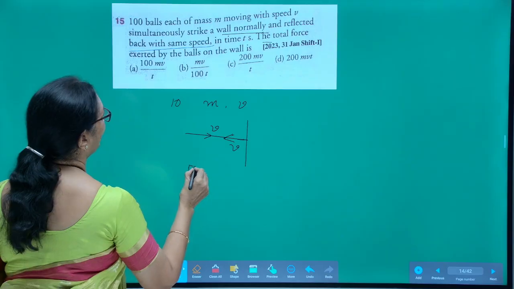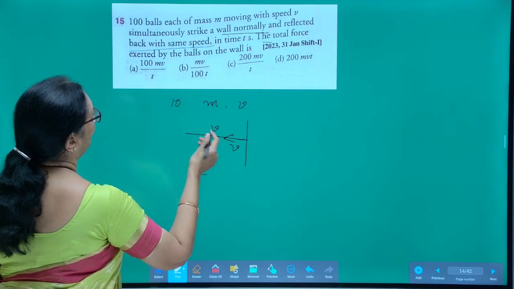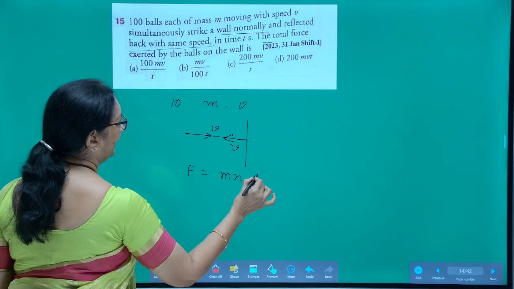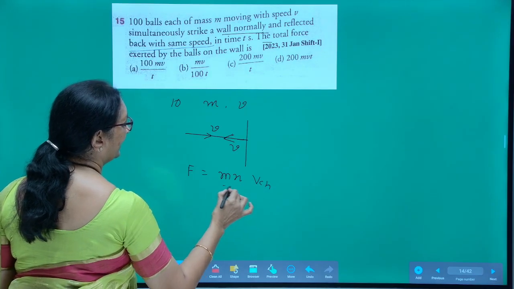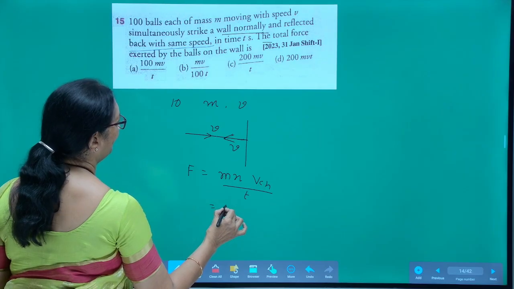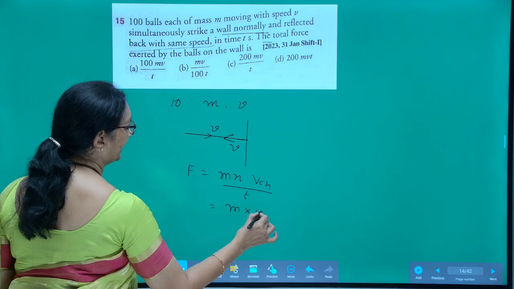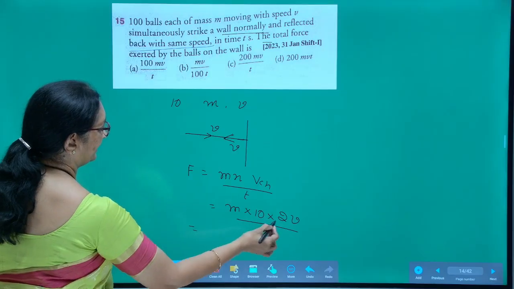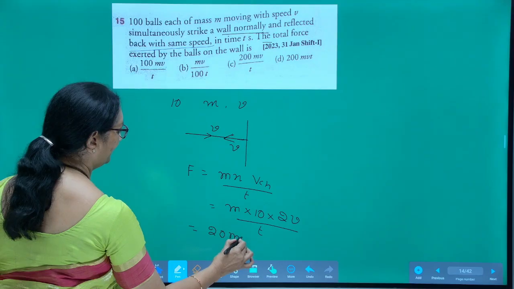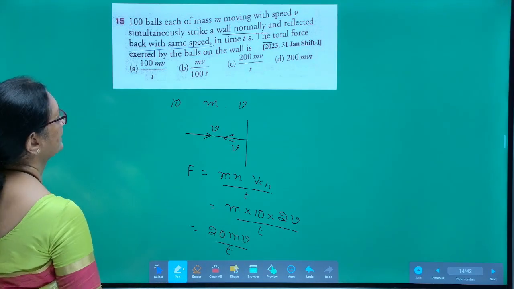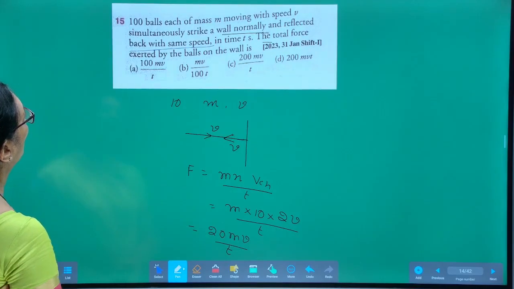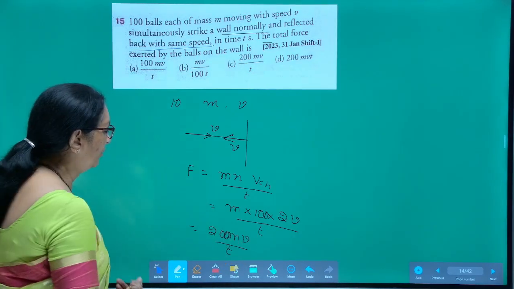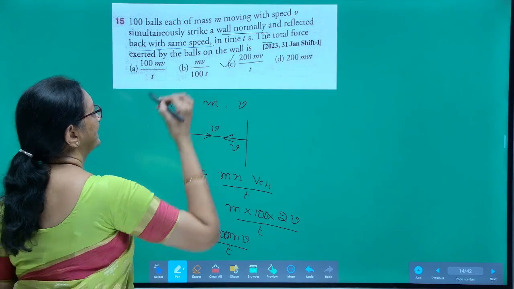So, here force exerted by the balls on the wall is m n into change in velocity by time. Number of balls, change in velocity is 2v by t. Oh, not 10 balls, n is 100 balls, it becomes 200 mv by t, this is the answer.